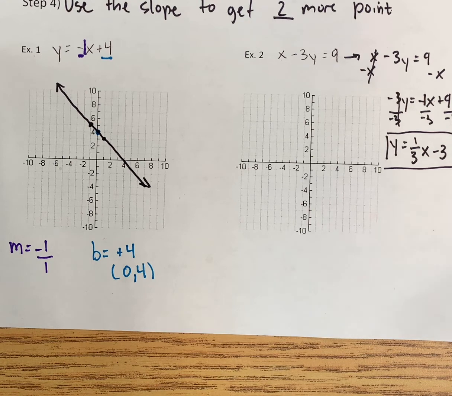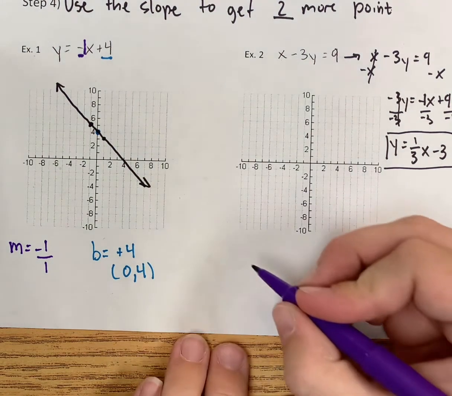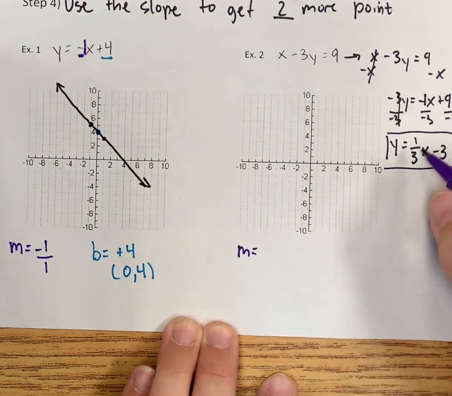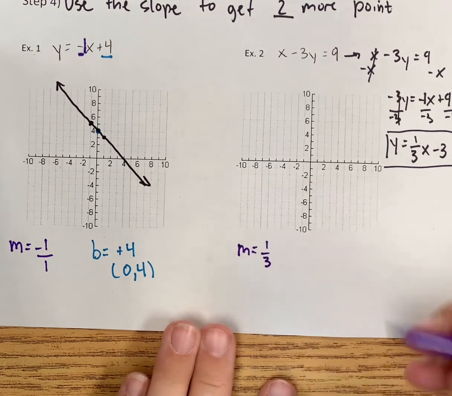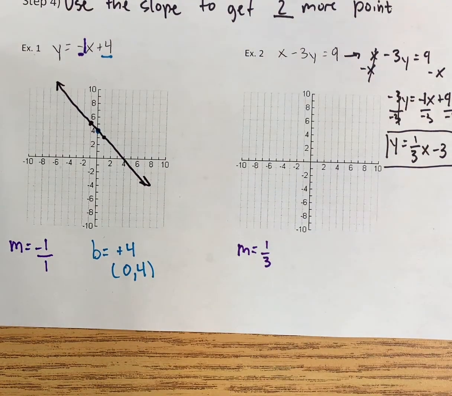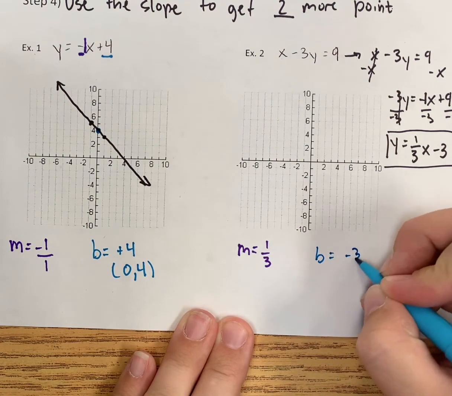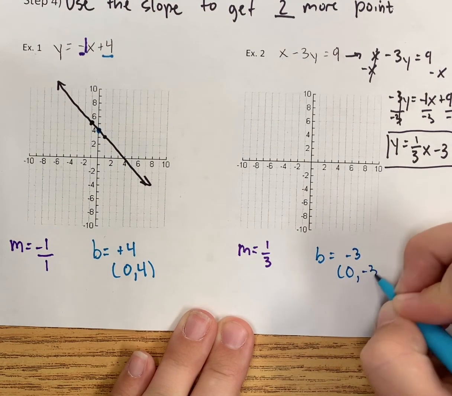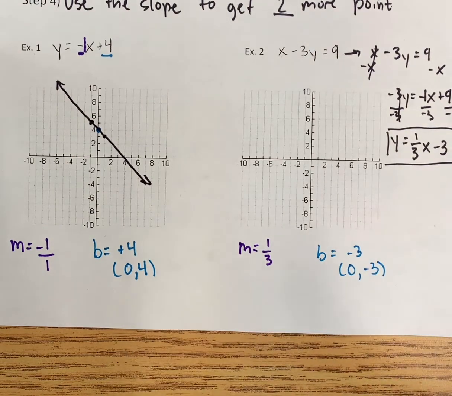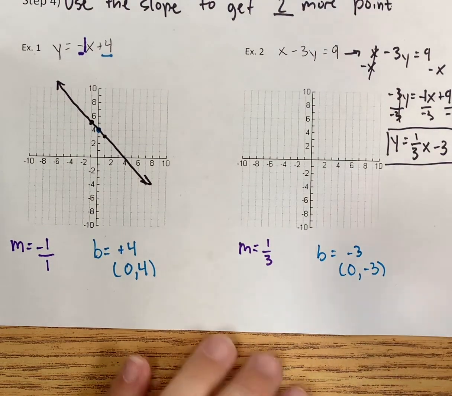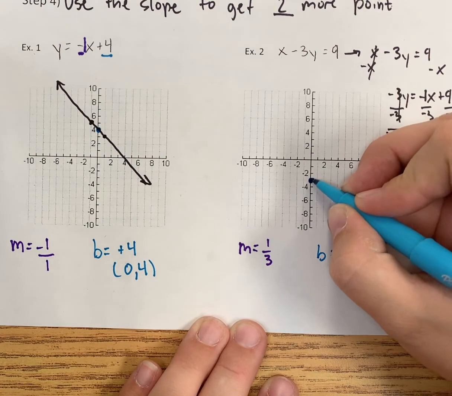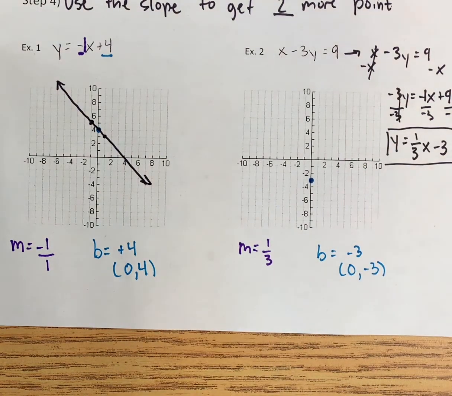All right. So now that we have y solved for, we can go about the rest of our steps. We want to get our slope, our m value, which is 1/3 here. And then we also want to get our y-intercept, which this time is negative 3, so it's at the point (0, -3). Step 3, plot your y-intercept, so at negative 3 on the y-axis. Then use your slope to get 2 more points.